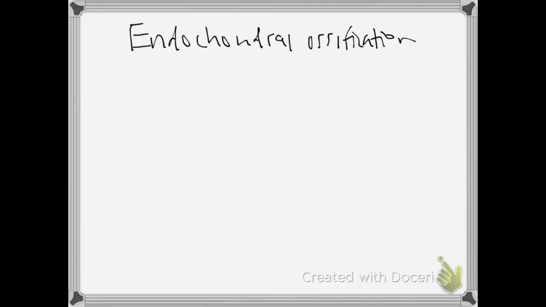Again, we love to break up these root words. Endo can mean within, it can be that lining layer, but right now we're talking about within. Chondra refers to cartilage, so we have things like the perichondrium we've seen before, this layer surrounding cartilage, and chondrocytes, these cartilage producing cells.